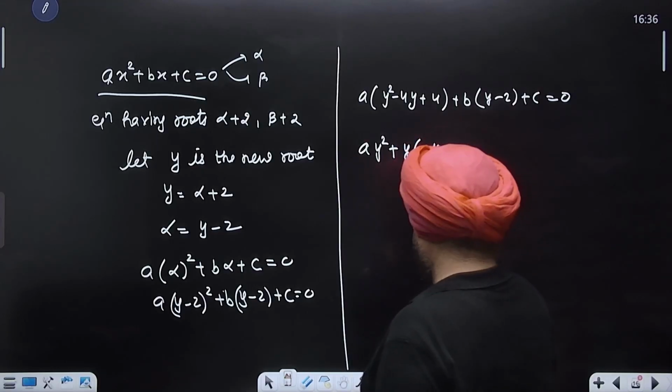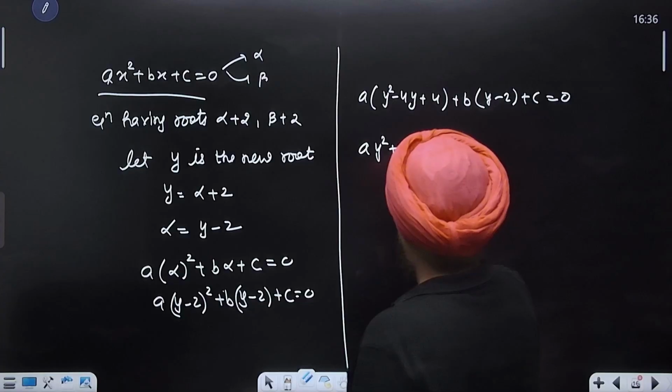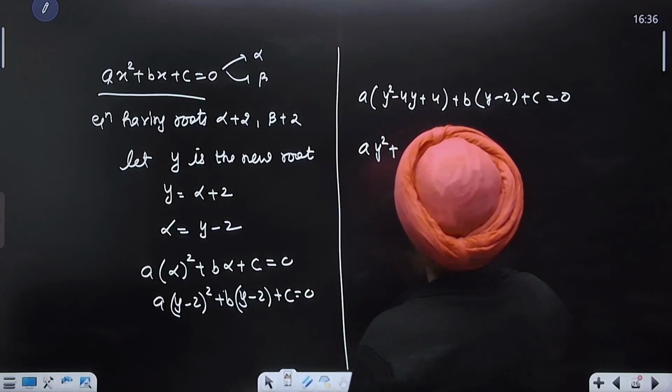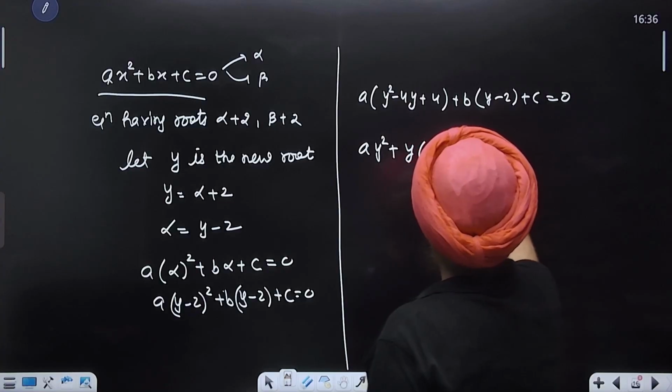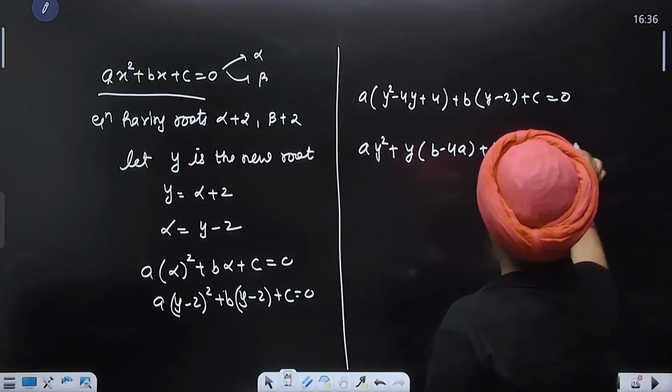Coefficient of y is b minus 4a, constant is 4a minus 2b plus c.